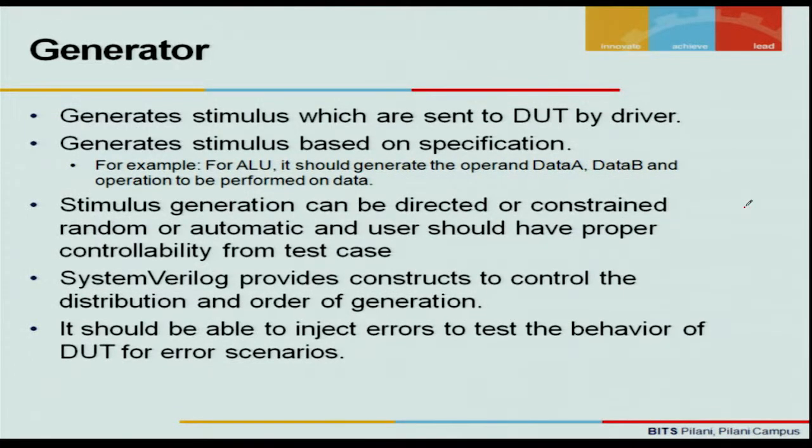Different languages have different constructs to control this. For example, SystemVerilog provides constructs to control distribution and order of generation. You can control whether to generate data A first or data B first. Those kinds of controls you can find in verification languages.